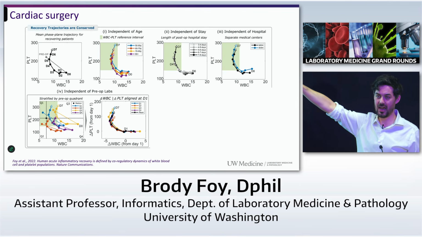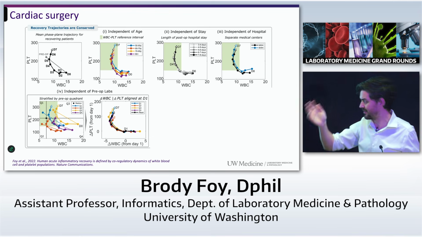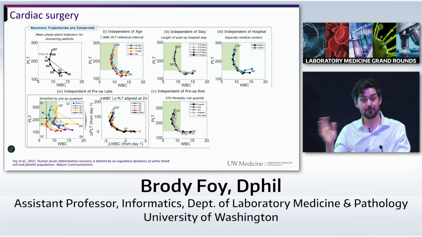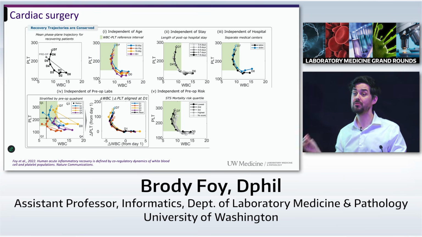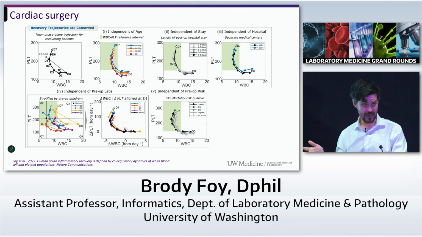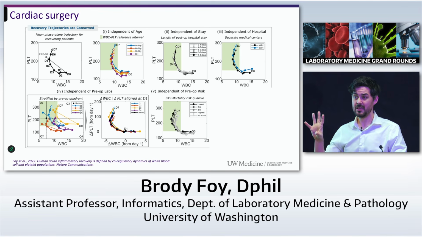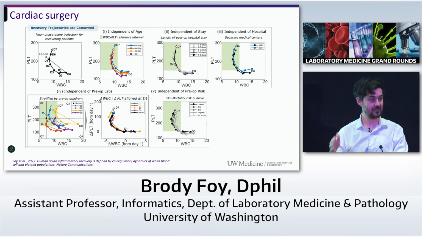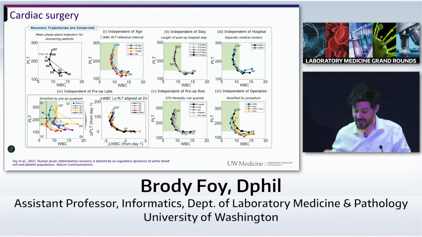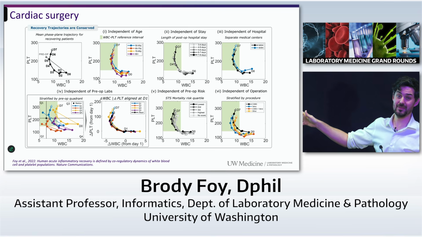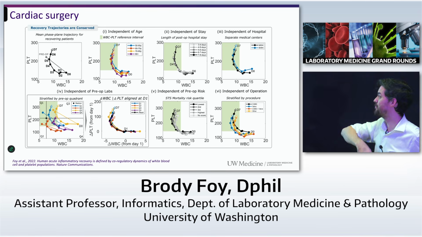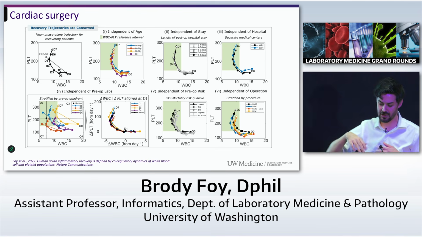If your platelet count is higher than average, you still follow that hysteresis loop, etc. And if we stratify people by their preoperative risk evaluations, because the Society of Thoracic Surgeons has a great pre-op risk calculator, conditioned on the patients doing well, the average response of that hysteresis loop is the same. And it's the same across different surgery types within the cardiac space. So aortic valve replacements, cardiac bypass grafts, etc.